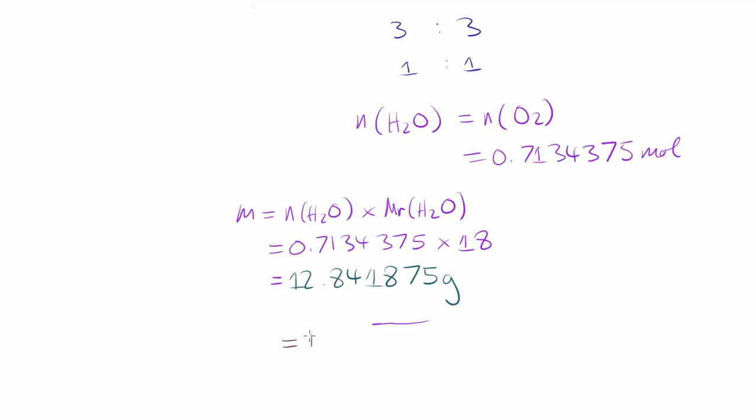So that's going to give us 12.84, right? We're rounding down from 12.841875. So that would be grams, and then we could just write here 2 decimal places. Yep, so that would be effectively our answer in this case, 12.84 grams.